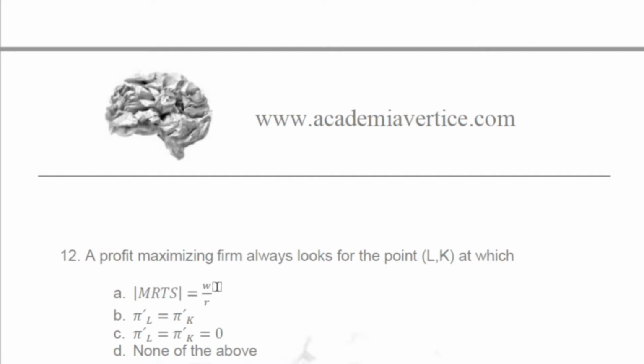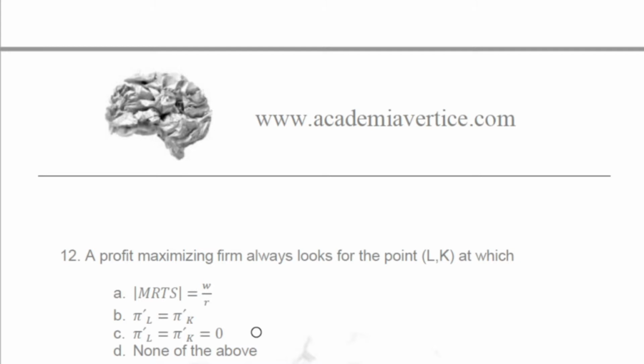We could argue that a profit maximizing firm also works with the minimum cost function, but here I'm distinguishing these two problems. We do the cost minimization problem on one hand, and the profit maximization problem on the other hand.